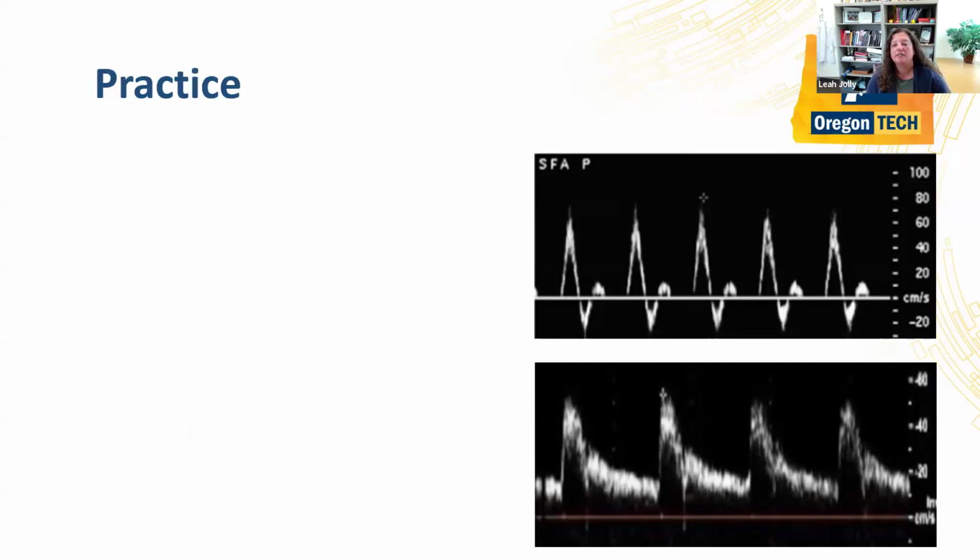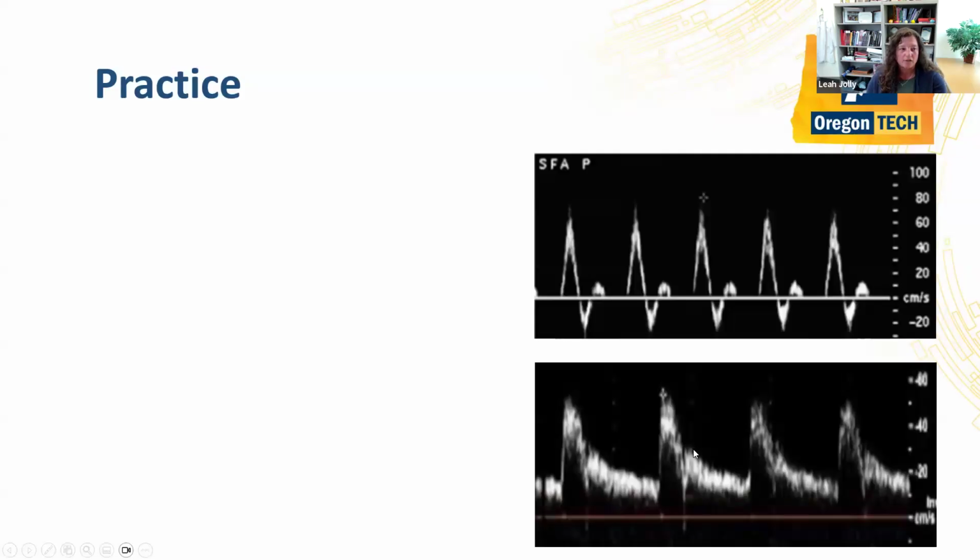Okay, so let's practice describing these waveforms. We'll do this first one here. We need flow direction, phasicity, and resistance, right? Let's think about this for a second. Even though we can't see the image, we're going to assume that because the systolic flow is presented above baseline, these are antegrade waveforms.